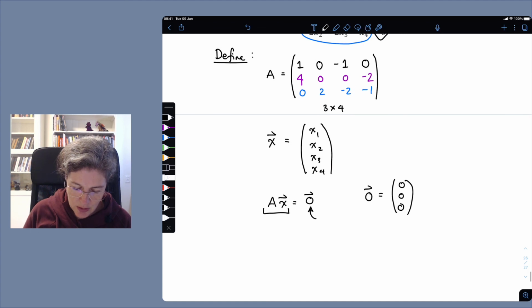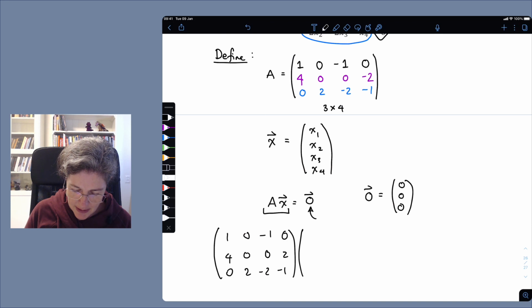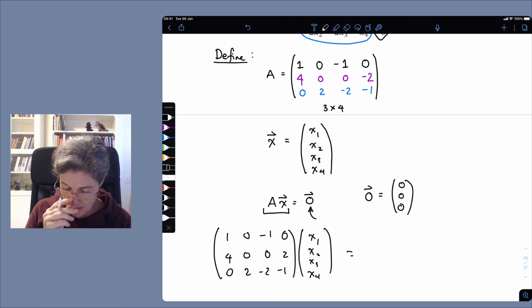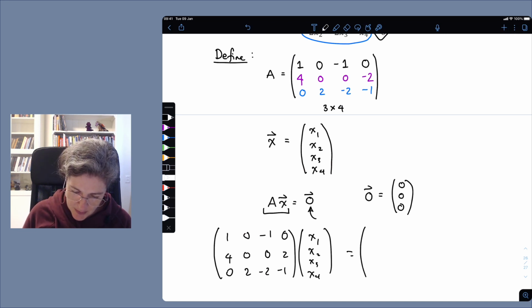So just to convince you, if I multiply out my crazy matrix A by x1, x2, x3, and x4, what do I get? Well, I know that it's going to be a 3 by 4 times a 4 by 1, so that's going to give me a 3 by 1.